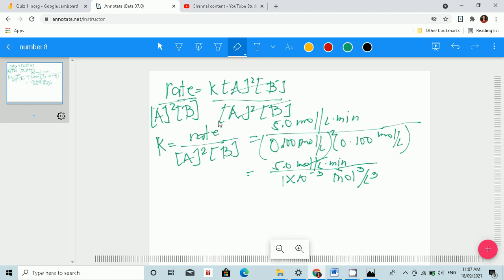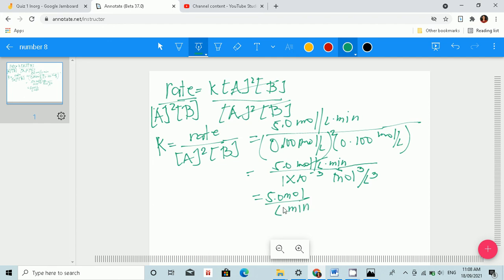Now let's do that one. So we have here 5.0 mole per liter minute. This one here is equal to this, and the denominator is here.